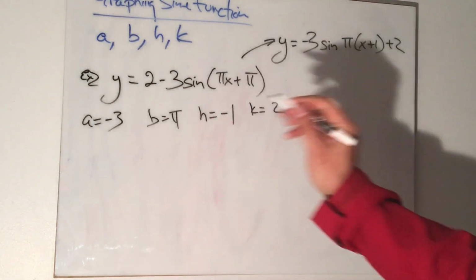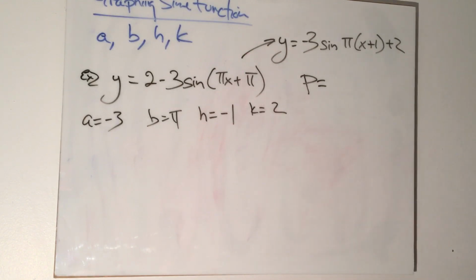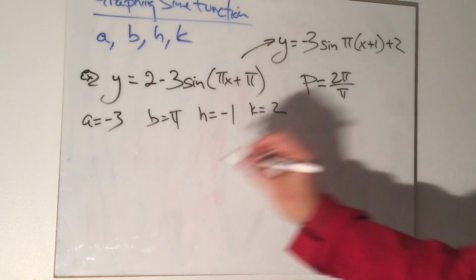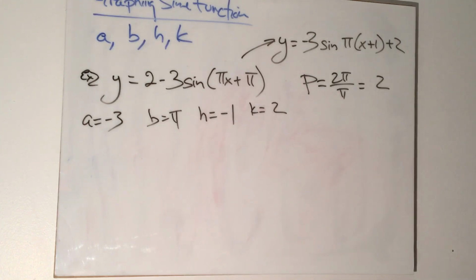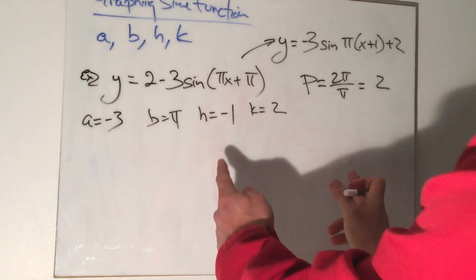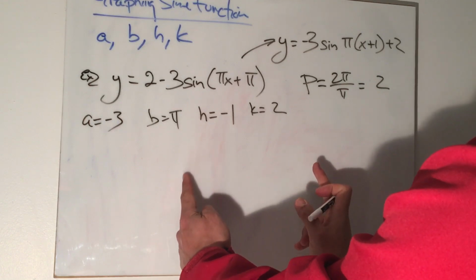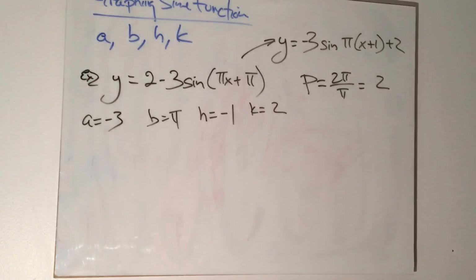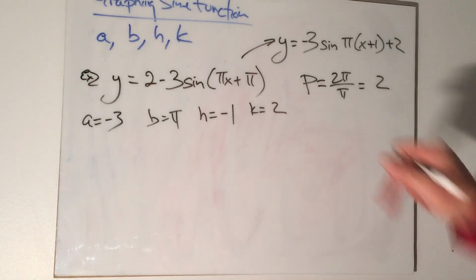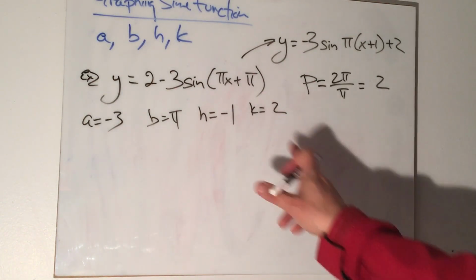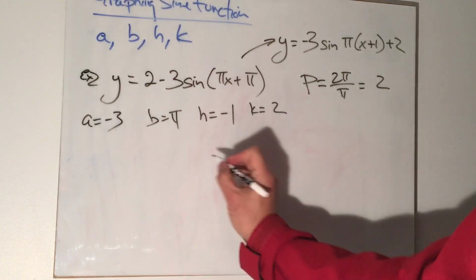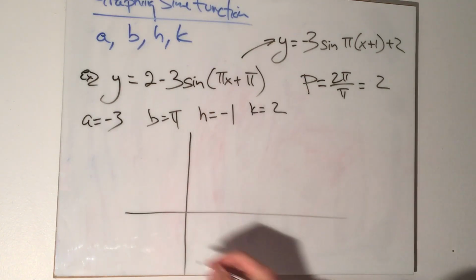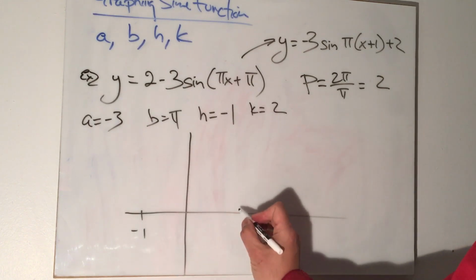All right. So now that I have my 4 parameters, let's solve for P, period, first. So 2 pi over pi, which is B, gives me 2. So I know that I have to go across an x domain of 2 to get the full curve. And I also know that I'm starting at negative 1. So if I do a quick little graph, boom, boom, I'm starting at negative 1.